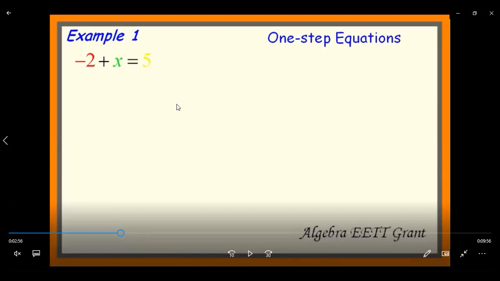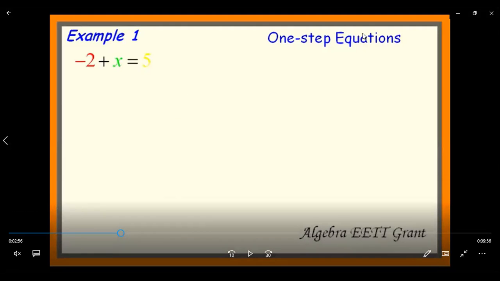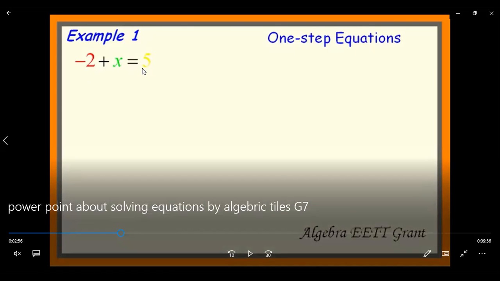First, in this question, we will solve the equation, and then we will represent it graphically using algebraic tiles, right? First, negative 2 plus x equals 5. Do you remember how we can solve this equation, grade 7? Did you remember how we solved this before?